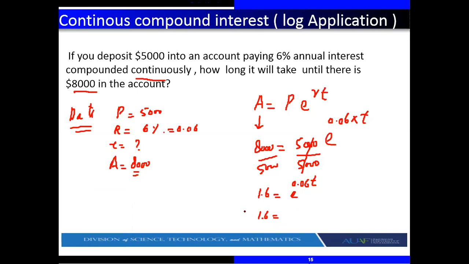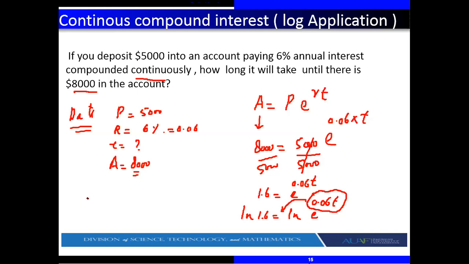So we take ln of 1.6 equal to ln of e power 0.06 t. With one rule for logs, you can transfer the power to the coefficient.